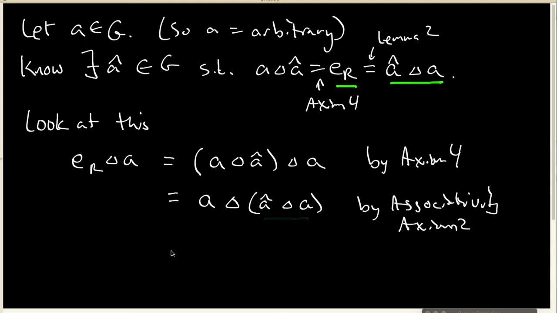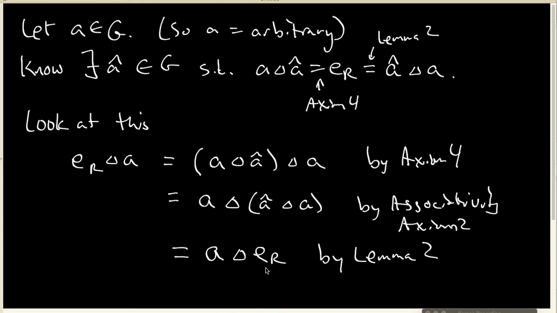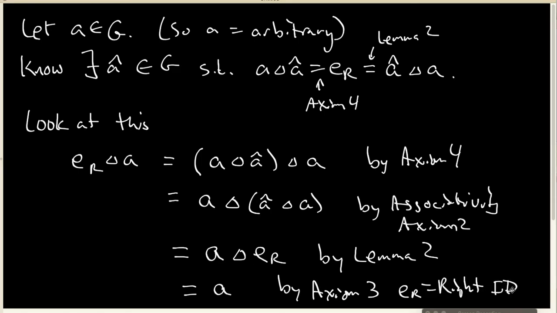So lemma 2 kicks in, and we can rewrite this as A triangled with ER by lemma 2. And of course, A triangled with ER is known to be A by the definition of a right identity. In other words, this is axiom 3. ER is a right identity. And so what we now have is that ER triangled with A is also equal to A.